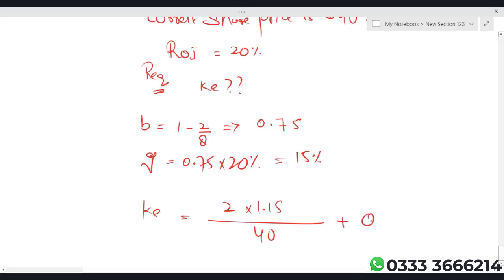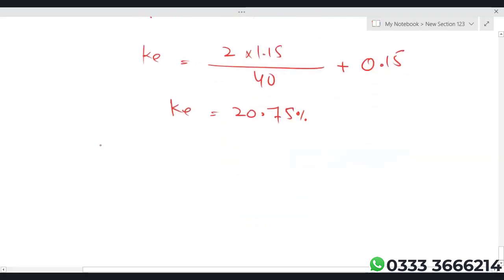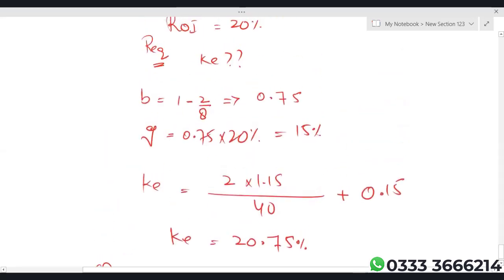Okay, and 20.75. Now majority is having 20.75. So 20.75 is the correct answer. $20.75.